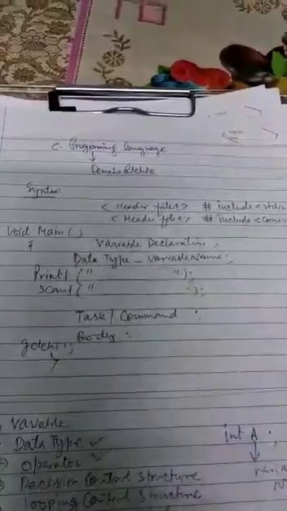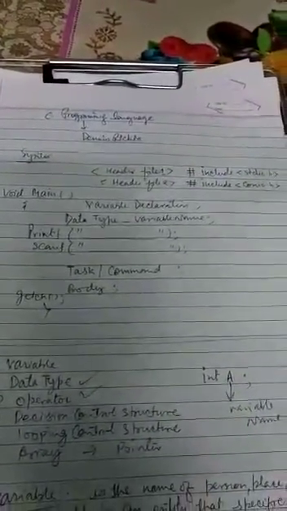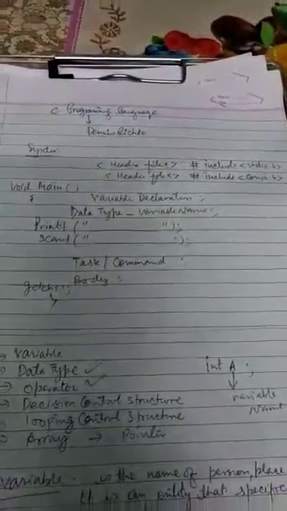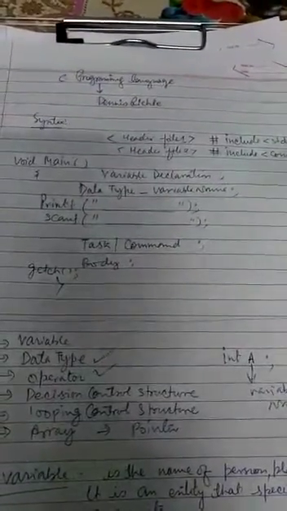That is all the syntax of the C programming language in which we have to make programs. Now we start the decision control structure.